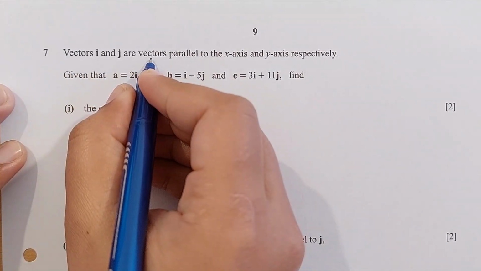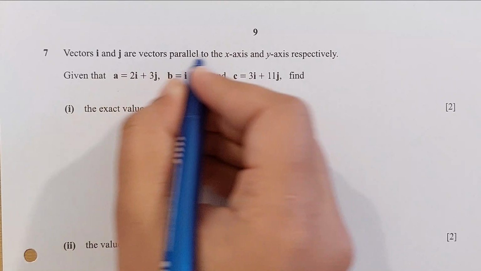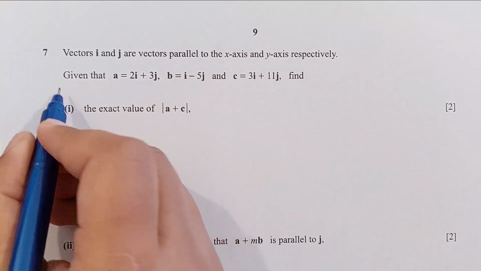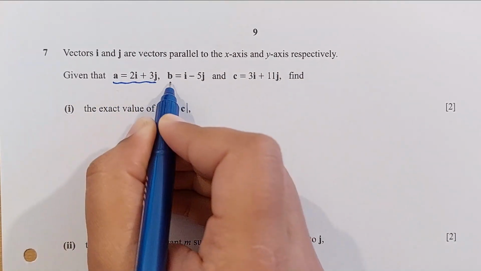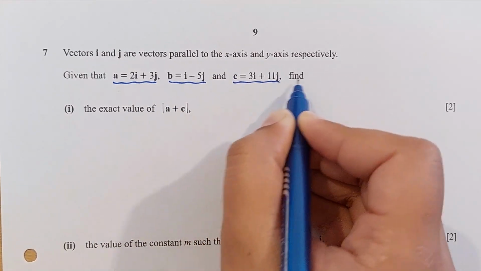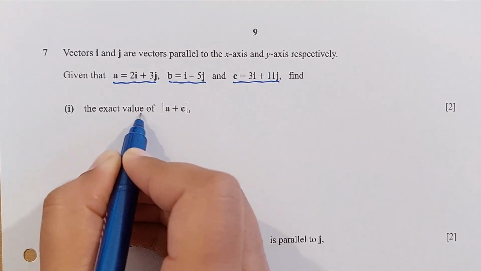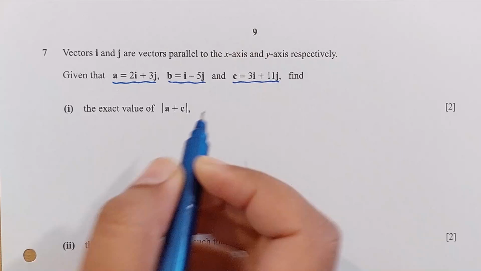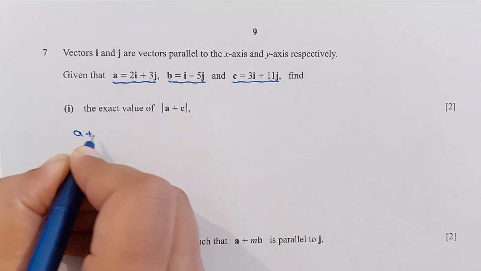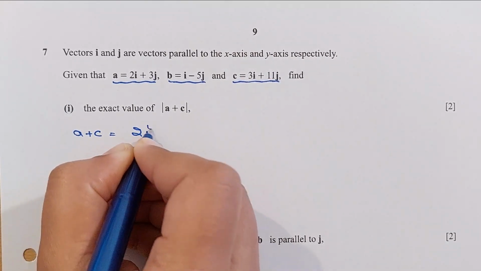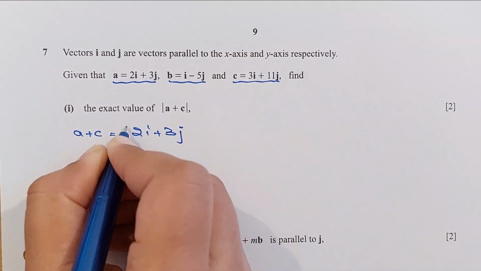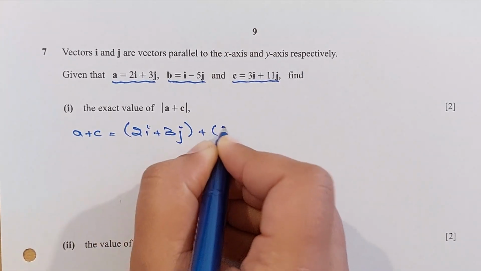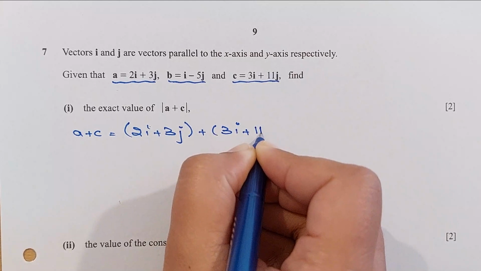Question number 7. Vectors i and j are vectors parallel to the x-axis and y-axis respectively. Given that a equals this, b is this and c equals this, find number 1, the exact value of the absolute value of a plus c. First we have to work on a plus c. So a is 2i plus 3j. Now we add c, which is 3i plus 11j, right?